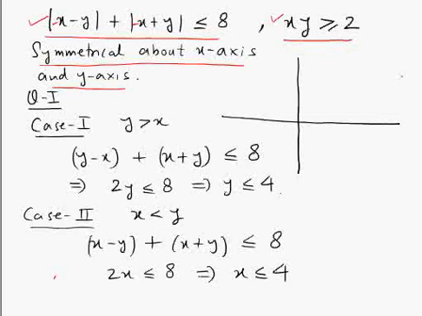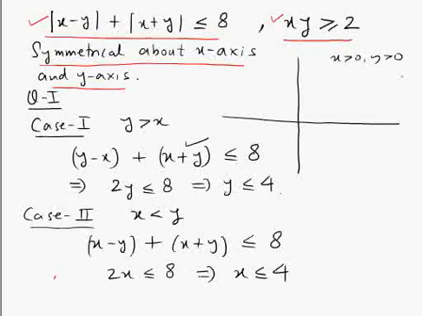Because when we are plotting in the first quadrant, x is greater than 0 and y is greater than 0, and if both are positive, we can remove this mod sign. This is mod of x plus y, so it becomes x plus y. But on this side we have to make two cases, because this is mod of x minus y.